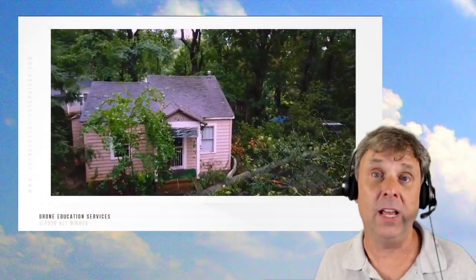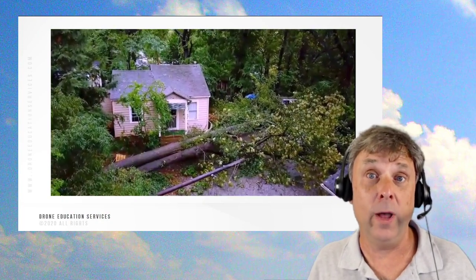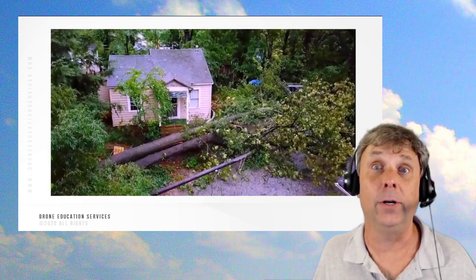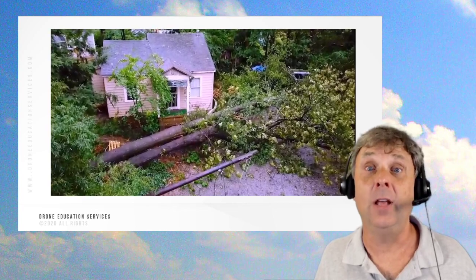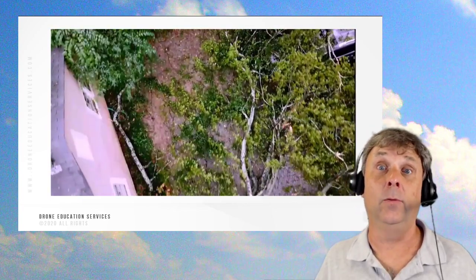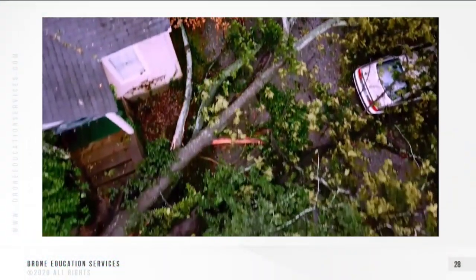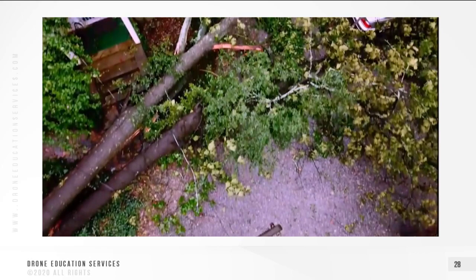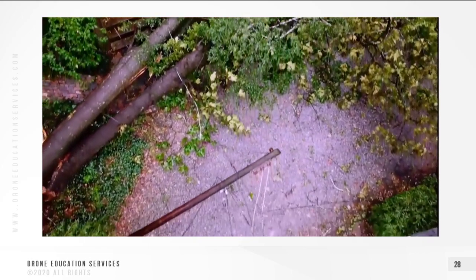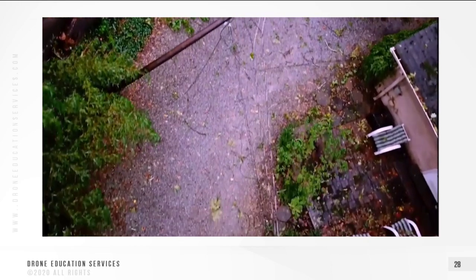And we want to assess what's been damaged and how bad it's been damaged. But one of the ways is using an aerial drone. Look at it. I can see that a couple of cars got hit in the driveway. Well, now we've got a damage assessment and we can expedite those claims. And no longer are you going to have to walk the property over those power lines and over those trees to view it.